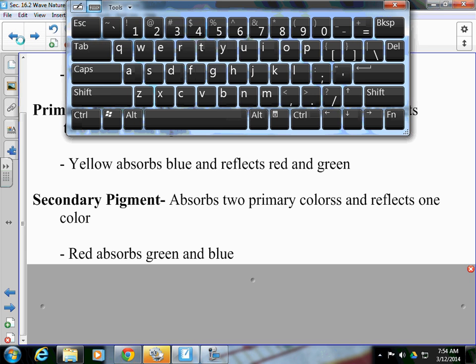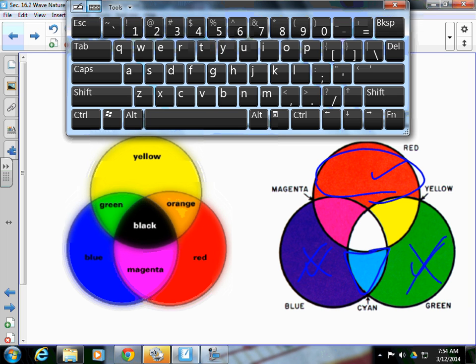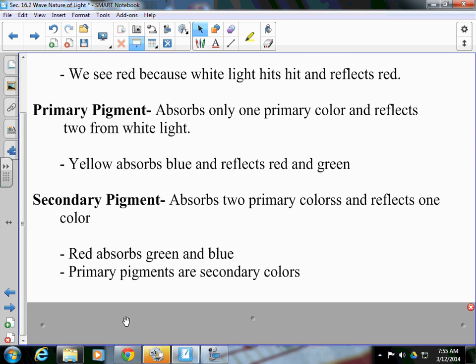Red, a secondary pigment, is going to absorb blue and it's going to absorb green. What's it going to kick back? Just red. So that's how our pigments work. They're absorbing one or two types of light and reflecting back one or two types of light.